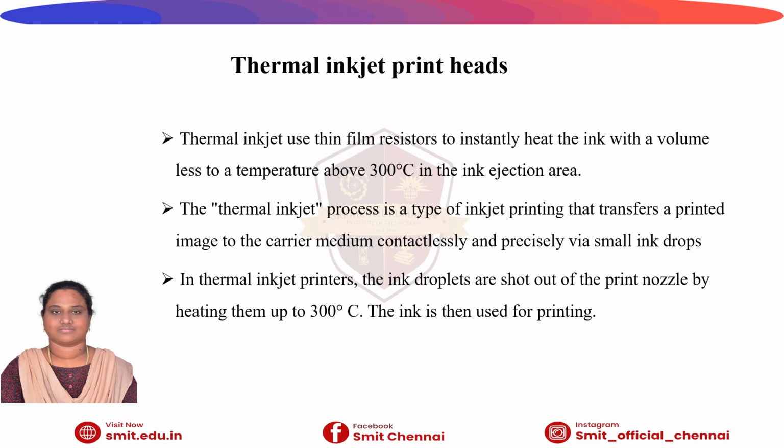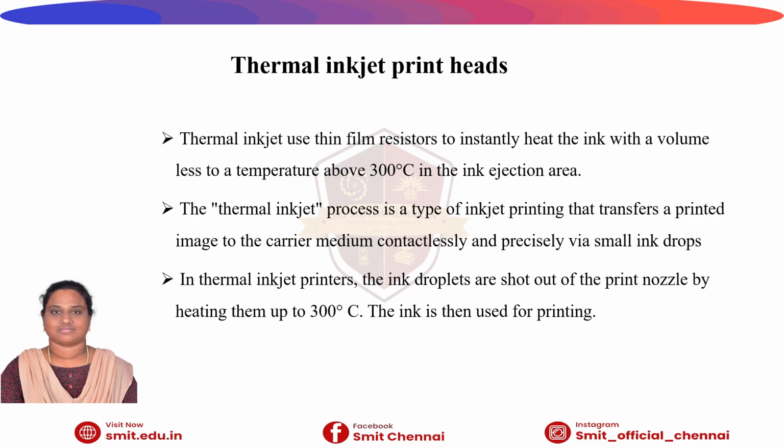Now, what are thermal inkjet print heads? This type uses thin film resistors to rapidly heat a very small volume of ink in the ejection chamber to temperatures above 300 degrees Celsius. This sudden heating creates a vapor bubble that generates pressure, forcing tiny ink droplets out through the nozzle.